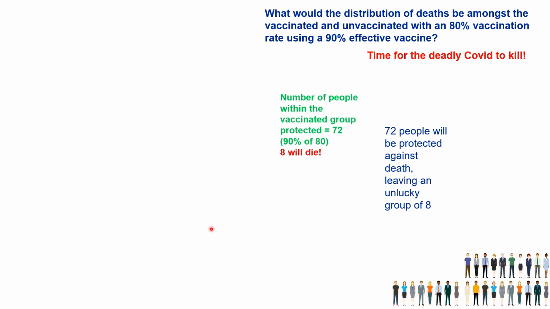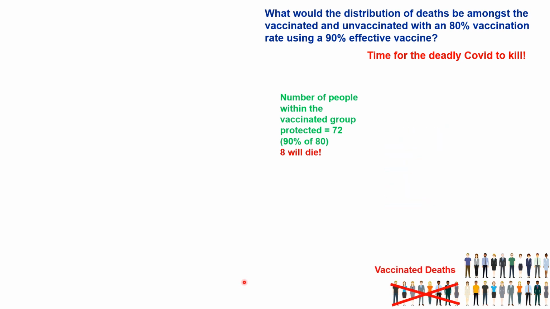That's 90% of 80. So 8 will die. Okay, so 72 will be protected, leaving an unlucky group of 8. So these 8 people are doomed here, and these 20 dirty, horrible, unvaccinated people, well, they've got no chance. So unfortunately, they're taken out by the COVID.